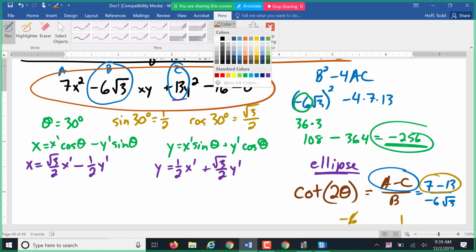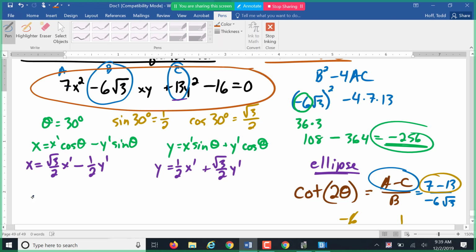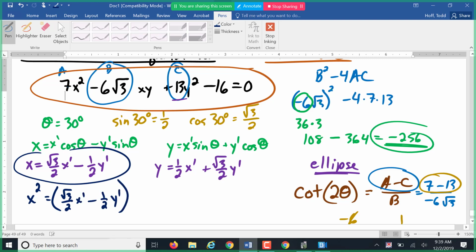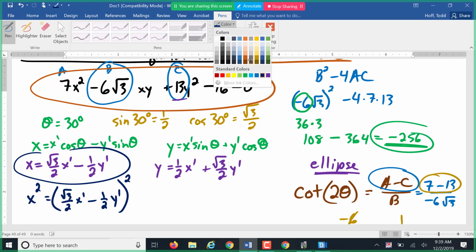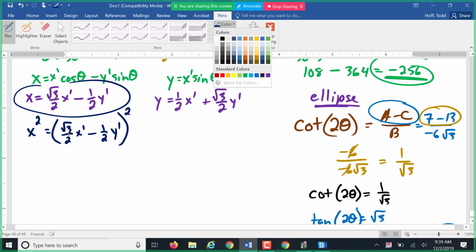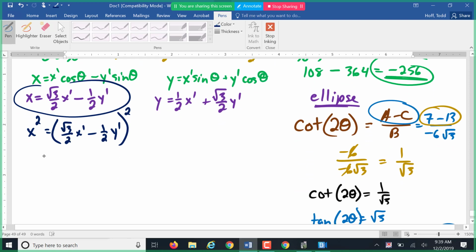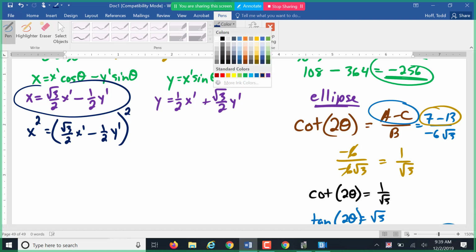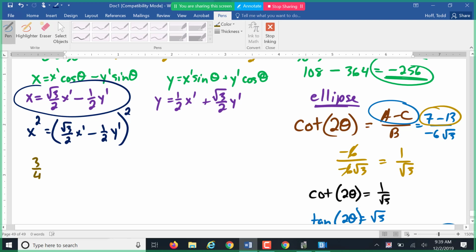First thing we're going to need is to find out what x squared is. X squared is going to be this substitution here squared. So if we multiply that out, square root of 3 over 2 squared is just 3/4. So that's going to be 3/4 x prime squared.